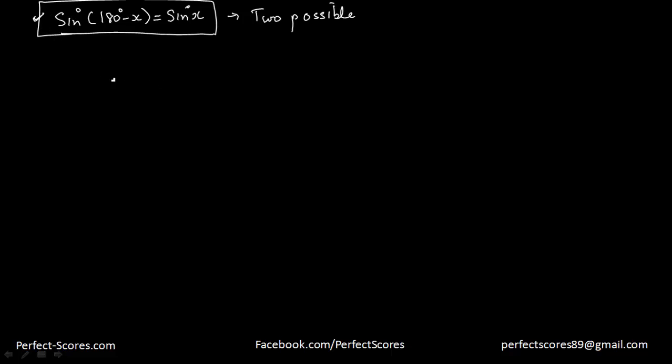Let's suppose we have a triangle ABC in which AC is equal to 3 centimeters and angle ABC is equal to 44 degrees, and we have to find the angle ACB.